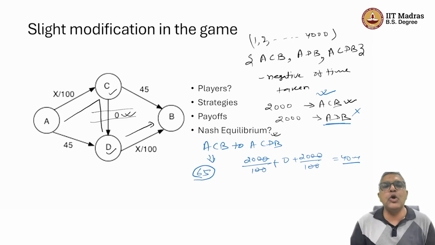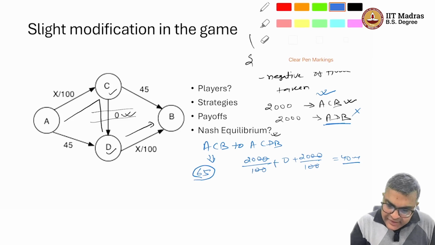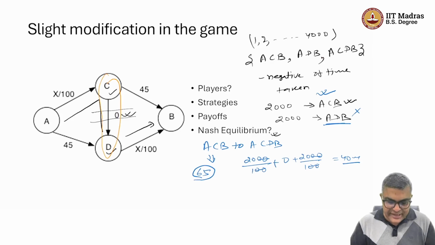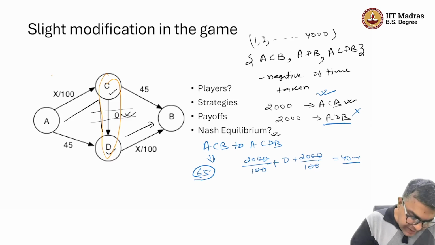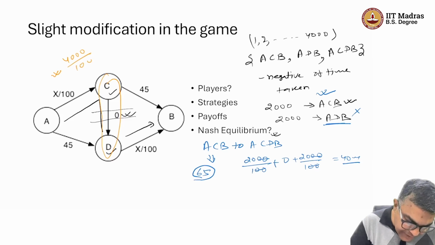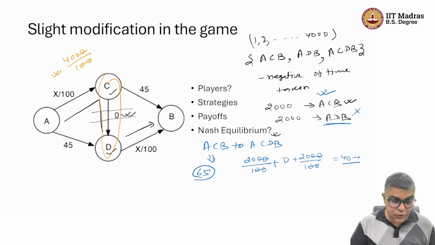So I want you to pause the video and think about it. What would be the equilibrium in this setting? Notice one thing, that C and D are basically now 1 point as it is taking 0. So if all 4000 vehicles take AC, what would be the time taken to cross AC? 4000 divided by 100, that is 40 minutes.